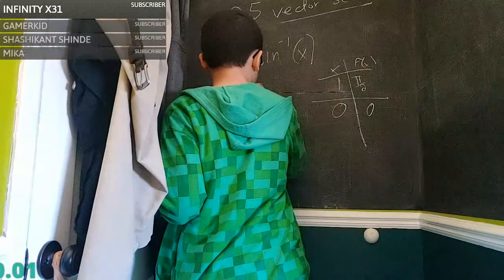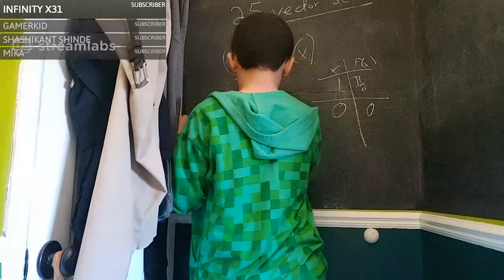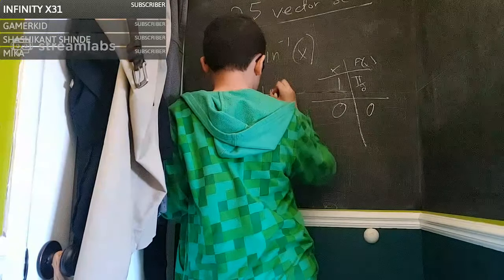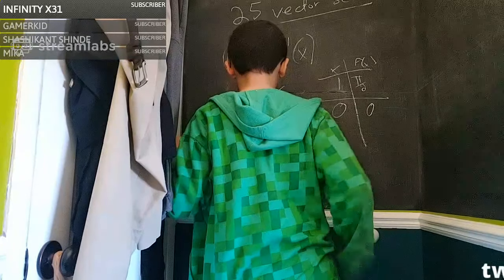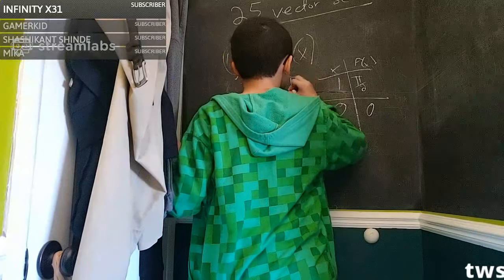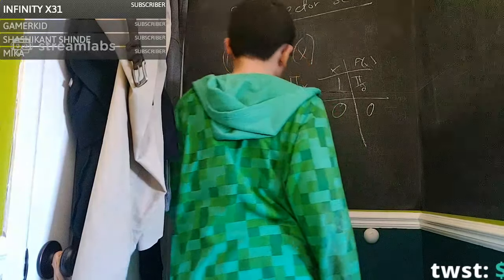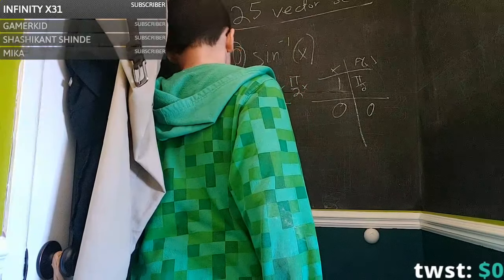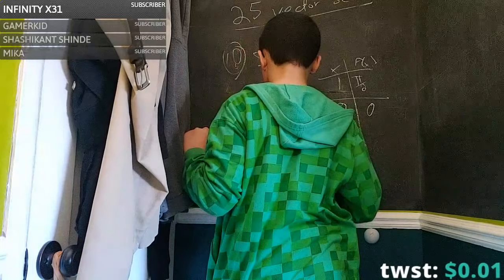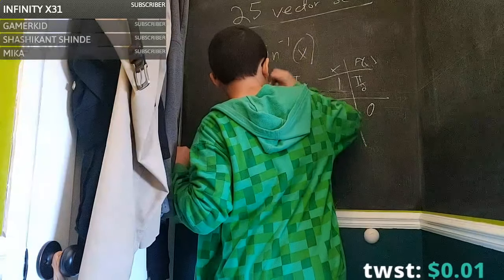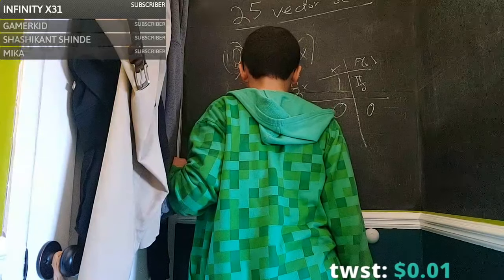Now, to be honest, this won't really work out so well. So what I'm going to be doing is I'm not going to actually be drawing any function tables. I'm going to be drawing a graph now. So the graph looks a bit like this. Now, we can draw a tangent line, which is actually a secant line, I think probably. This is actually the line pi over 2 times x. That's definitely a secant line.